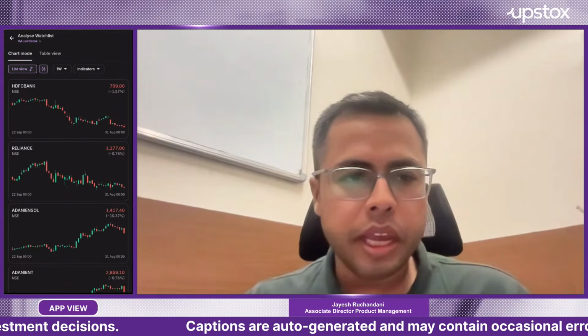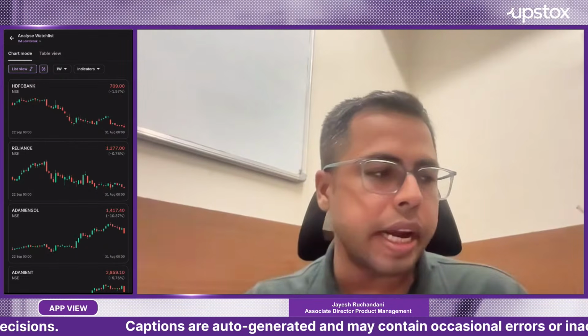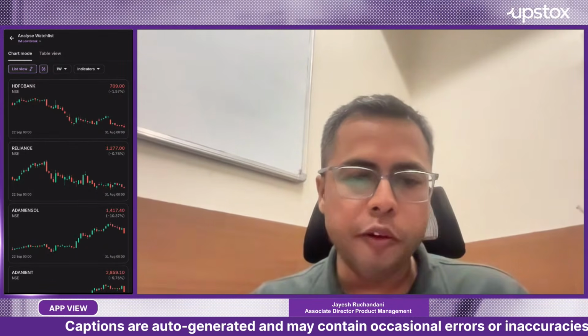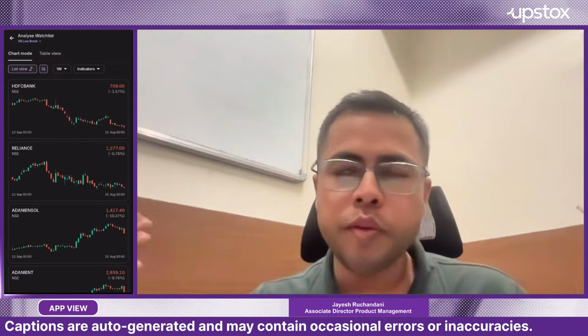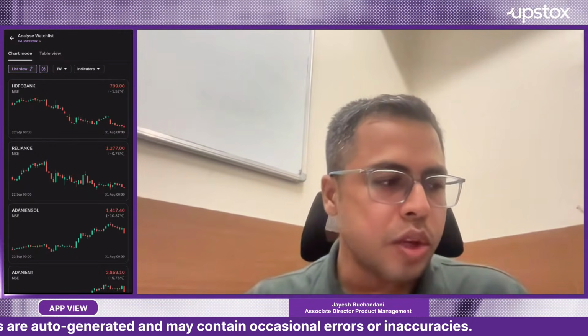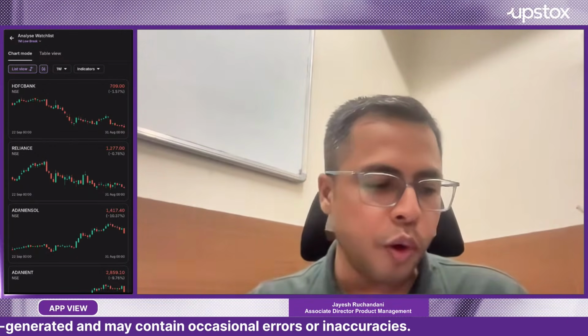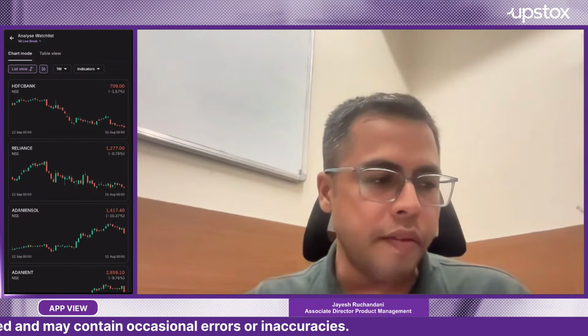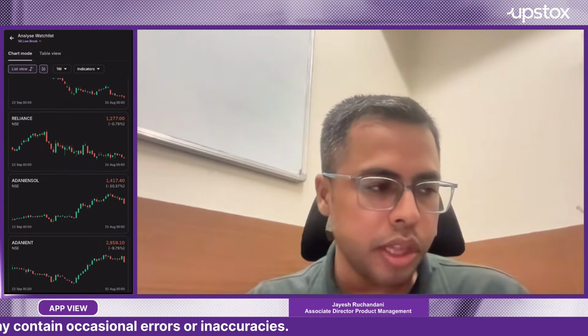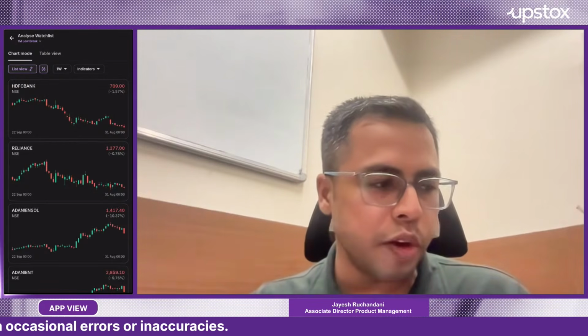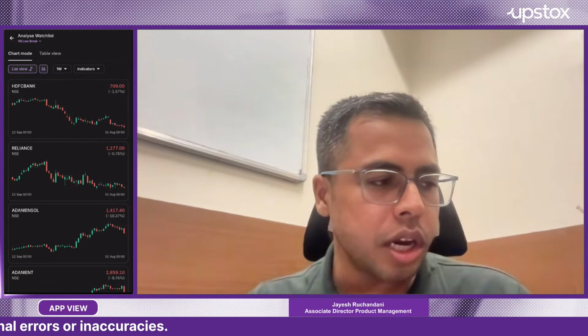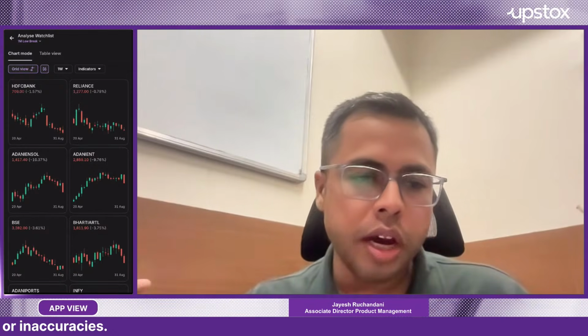If you can see on the top, we have given four settings to you, depending on how you want to configure your chart and what your trading preference is. We have two options in terms of how you want to view the charts. You have a list view, which is the current view visible right in front of your screen, and another view is the grid view. In the grid view, it's more dense.